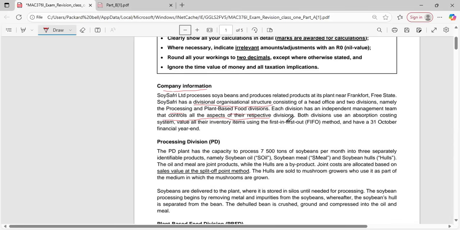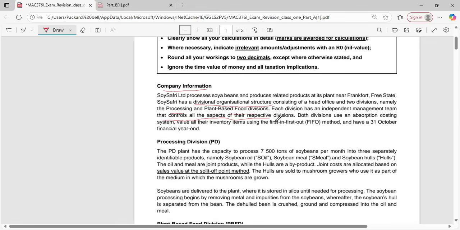That's the only way you can answer questions in the exam.